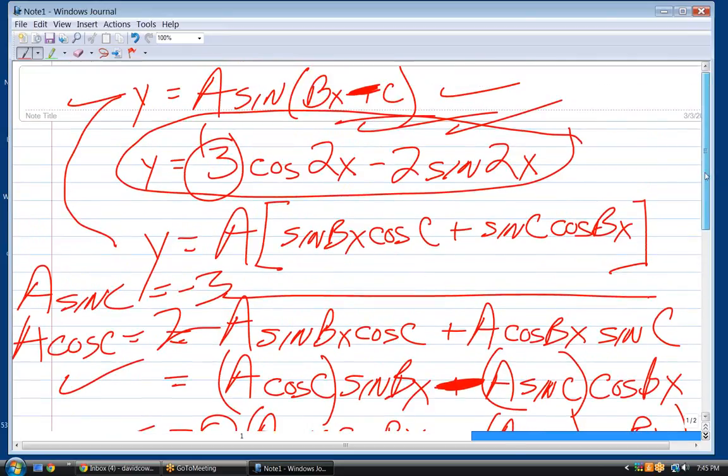So what we want to do is take this line here and put it back together again as a top line.